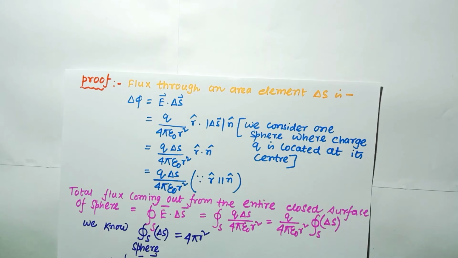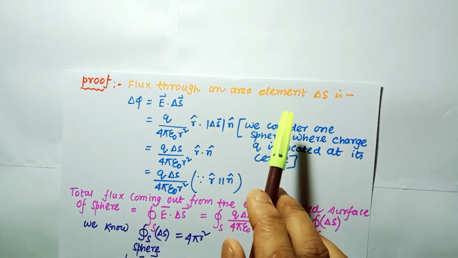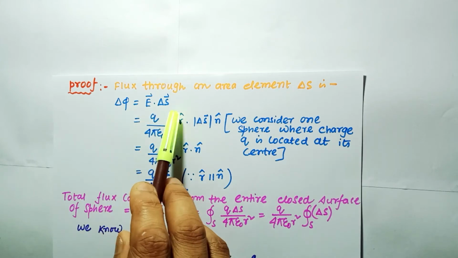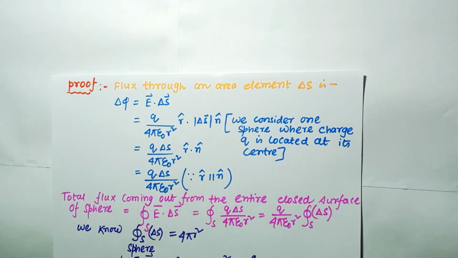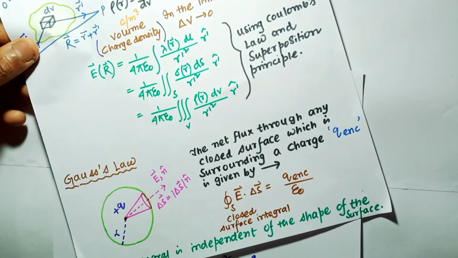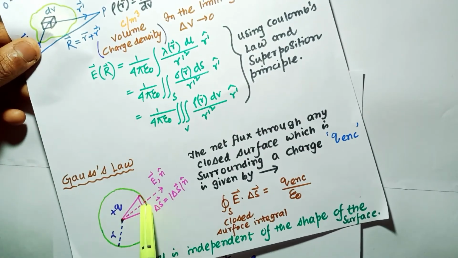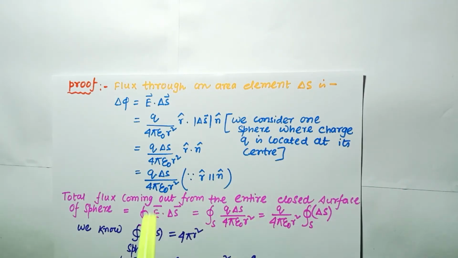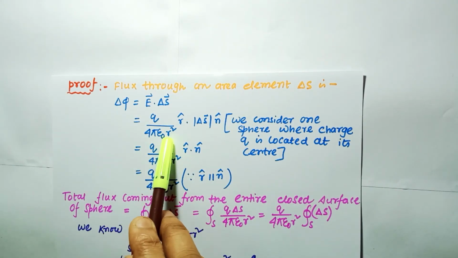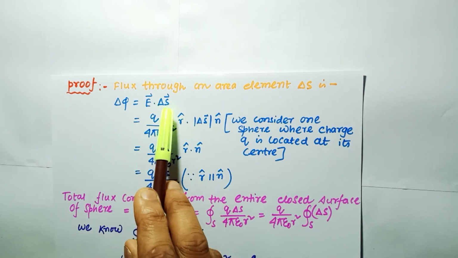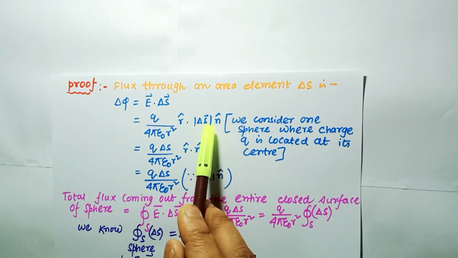So the flux through an elemental area delta S, delta phi, we can write as E dot ds. From this diagram we can see that at some distance r from the point q, we can write the electric field as q by 4 pi epsilon naught r square times r cap, dot delta S vector, which we write as modulus of delta S times n cap.